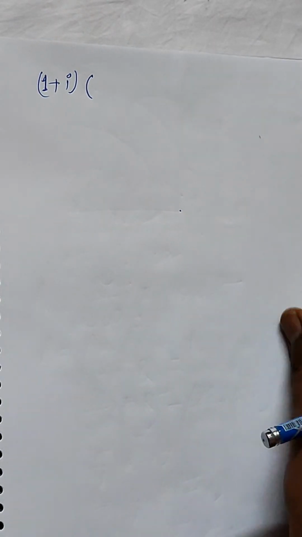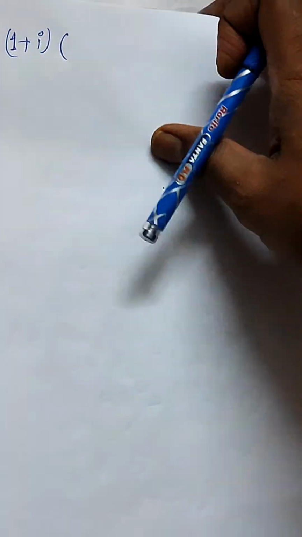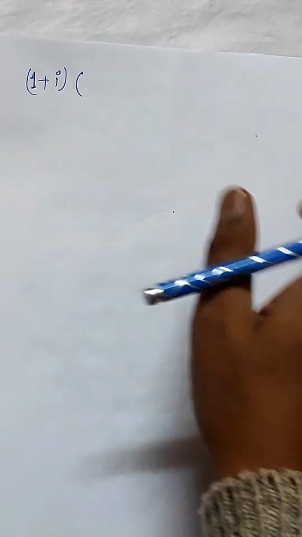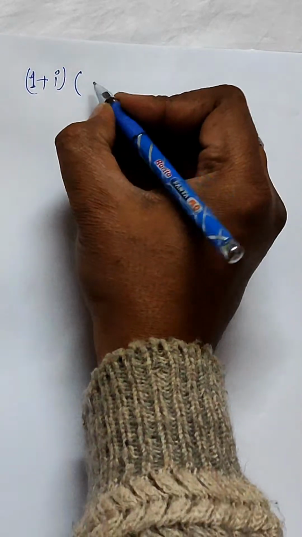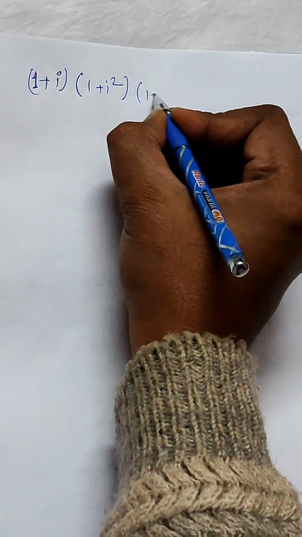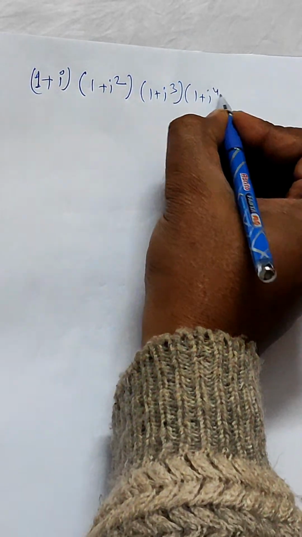There is a question: 1 plus I into 1 plus I square into 1 plus I cube and 1 plus I to the power 4, right?